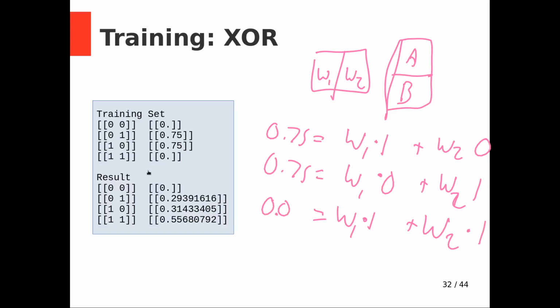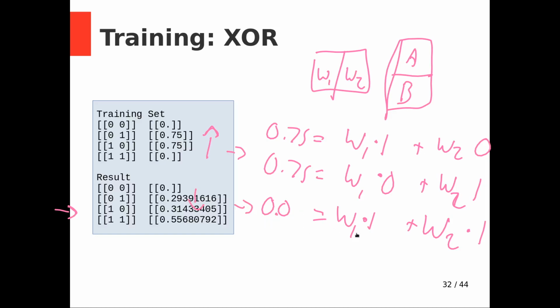So if you imagine the neural network in some intermediate state, these weight updates are going to pull W1 and W2 up. This one is going to pull W1 and W2 down, right?